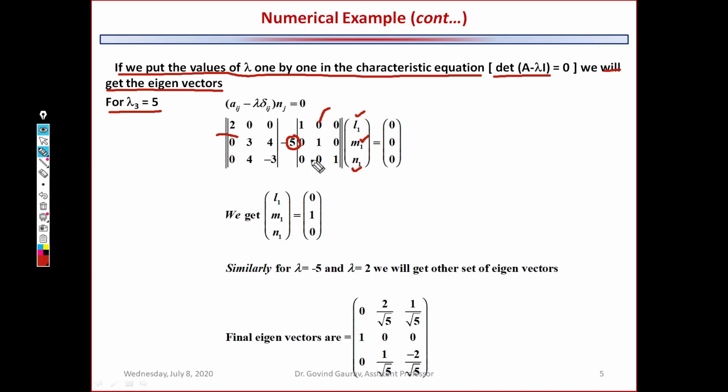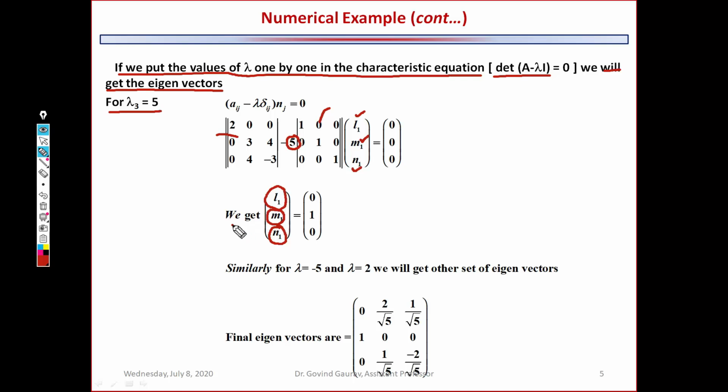So if we solve these equations in the form A minus lambda I, we will get the values of L1, M1 and N1. So we have got the values of the eigenvectors.